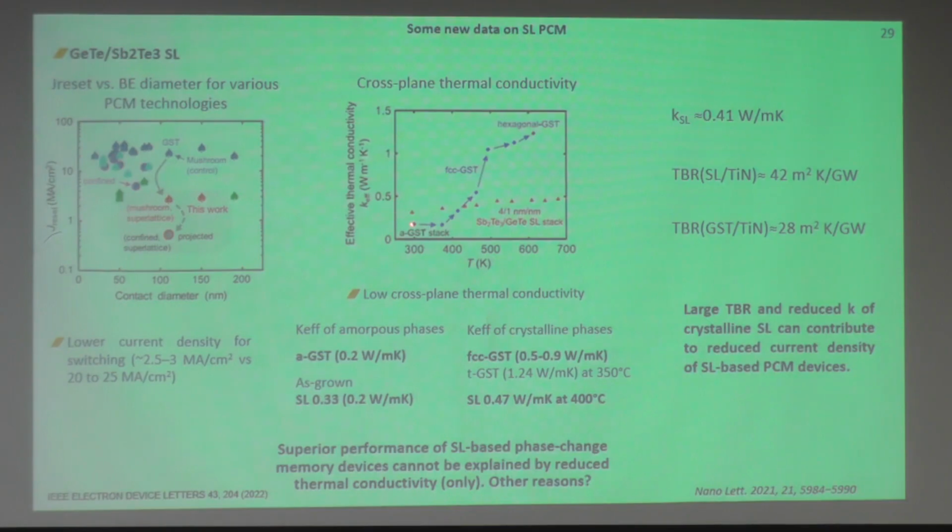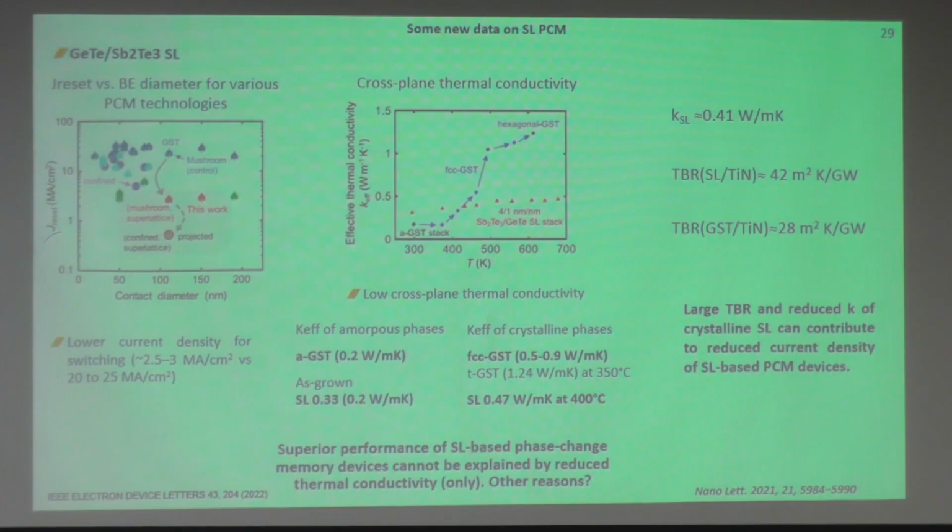So we can see here amorphous, FCC and hexagonal, but we use amorphous and crystalline FCC. So we see differences in the thermal conductivity. For amorphous GST it's low, for FCC it's a little bit larger, but for crystalline superlattices it remains in the range of 0.4 W per mK.